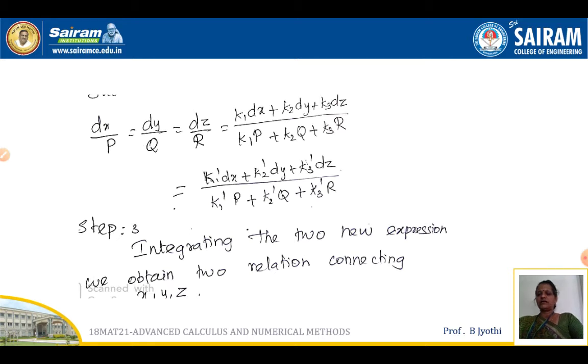So that dx by P is equal to dy by Q is equal to dz by R is equal to k1 dx plus k2 dy plus k3 dz divided by k1 P plus k2 Q plus k3 R, which can also be equal to k1 dash dx plus k2 dash dy plus k3 dash dz divided by k1 dash P plus k2 dash Q plus k3 dash R. The next step is integrating the two new expressions.